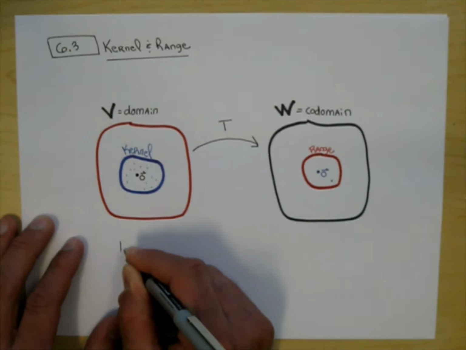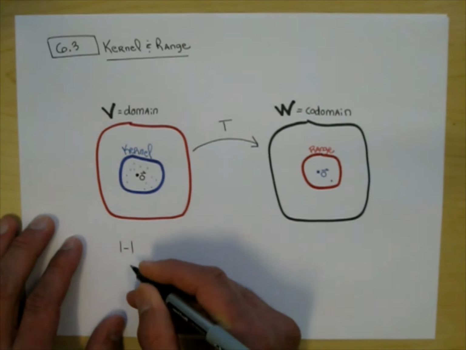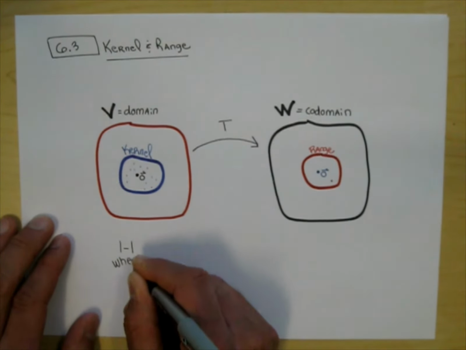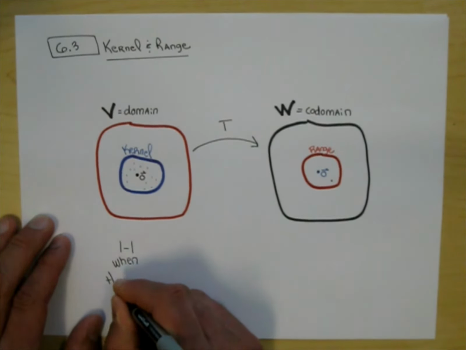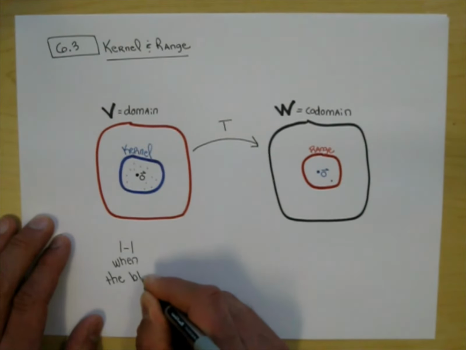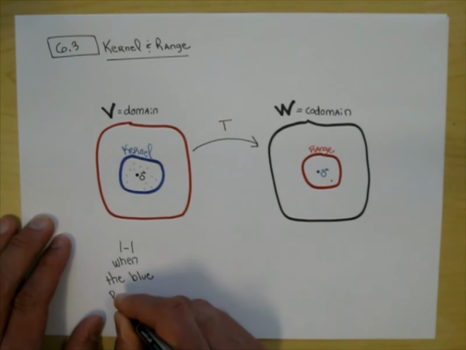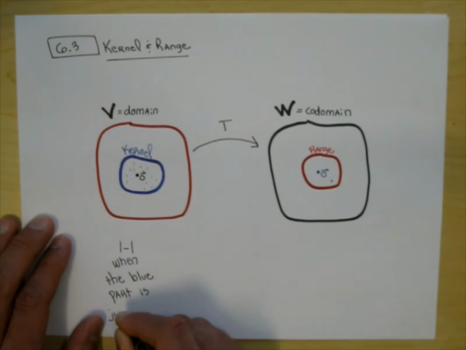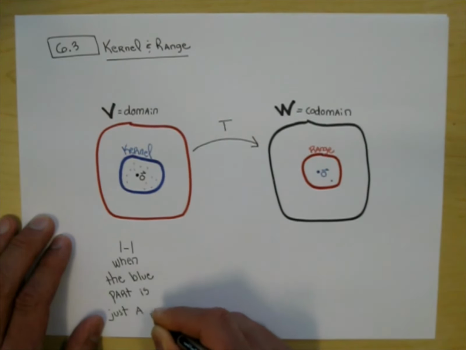Now, let's just write this out. This thing is 1-to-1 when the blue part is just a dot.